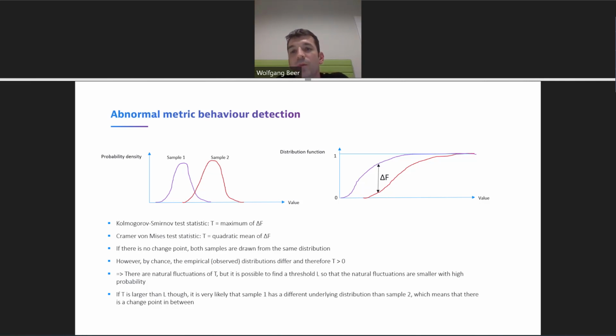And exactly where we hit the maximum delta, we identify that there is a change point. If the delta is below a certain amount, then there is, of course, no change point. But if there is a change point, we even detect where the maximum delta lies. In that sense, we can identify abnormal metric behavior on infrastructure level, even without a threshold and even without baselining.